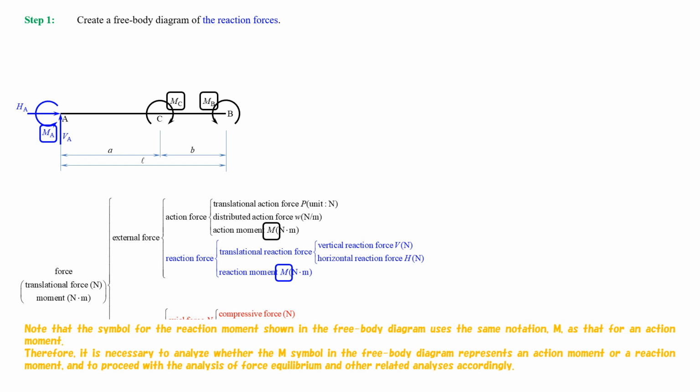Therefore, it is necessary to analyze whether the M symbol in the free body diagram represents an action moment or a reaction moment, and to proceed with the analysis of force equilibrium and other related analyses accordingly.